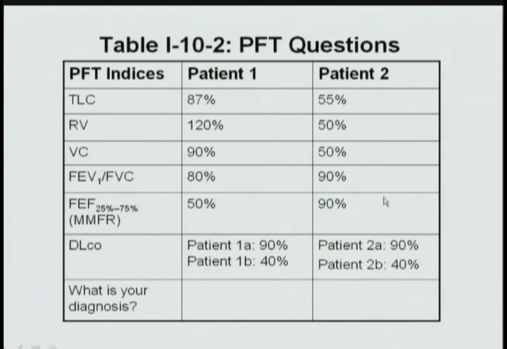And then I check the FEV1 over FVC and the FEF 25-75 to confirm this. And what do I find? I find that these are normal. Remember, these are ratios of one volume to the other against time, and these are normal because they're all equally decreased at the same time in patients with restrictive disease.